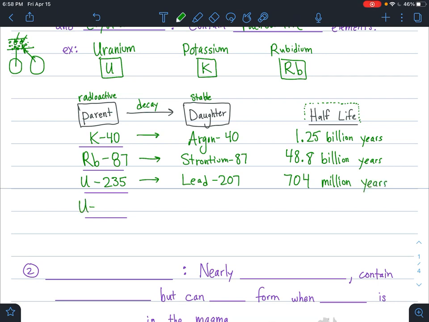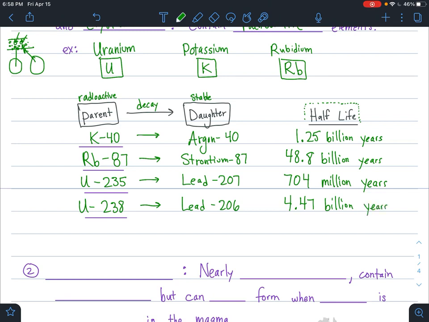What about one that's a little different, uranium-238? This is going to decay into lead-206, and for half of it to decay into lead-206 would take 4.47 billion years.